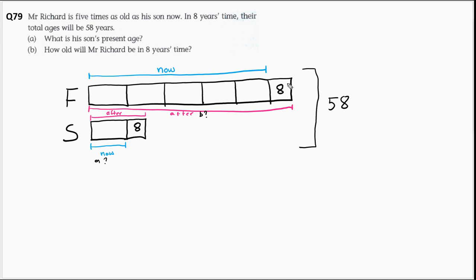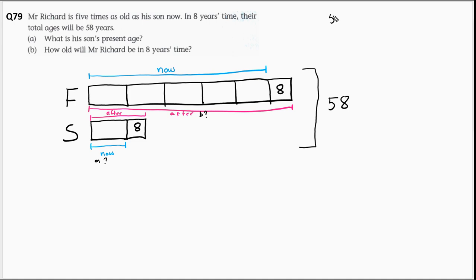So hopefully you can see that if we took these 2 values of 8 away from this model, we would also have to take those 2 8s away from 58, and we would be left with the value of these parts.